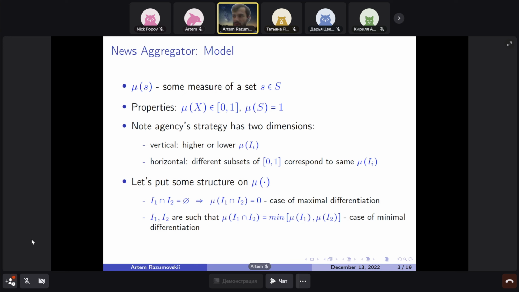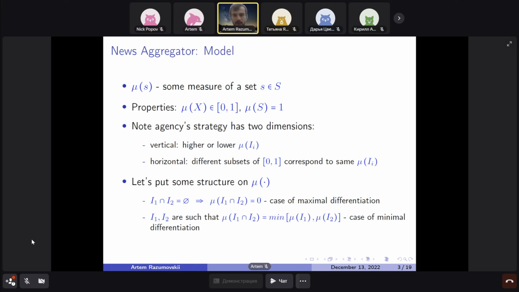If they are completely different, then we have maximal differentiation. That means agencies produce different high quality topics altogether.